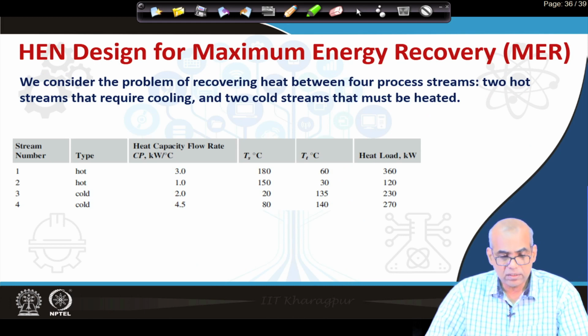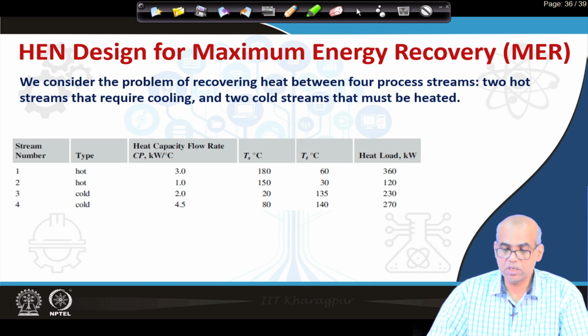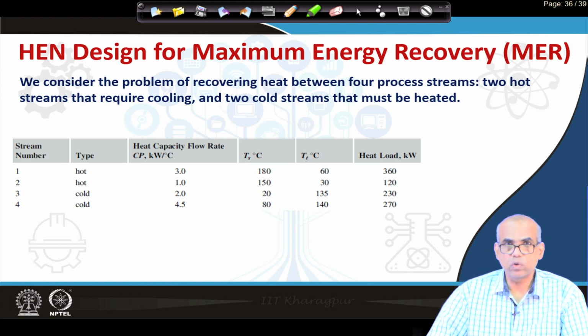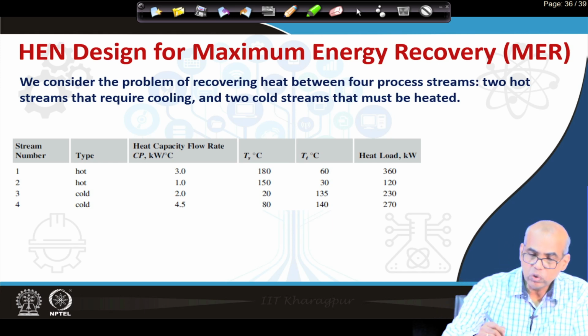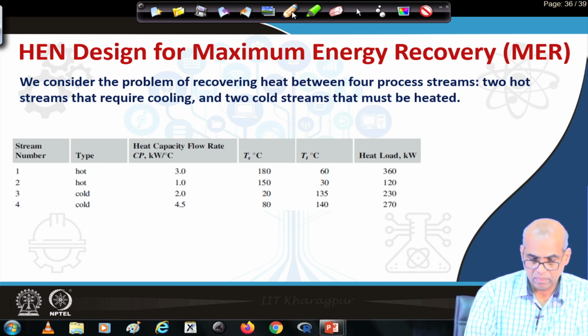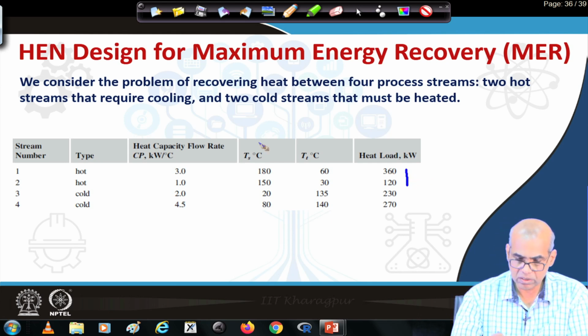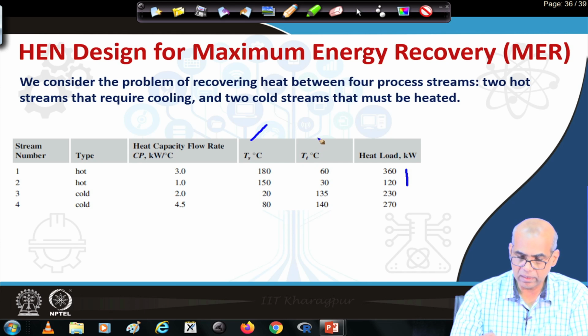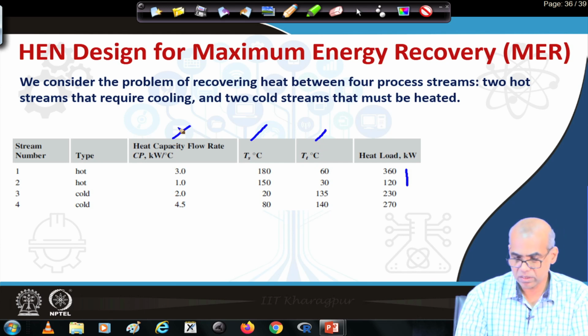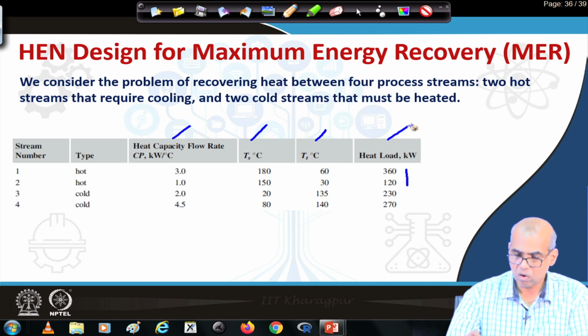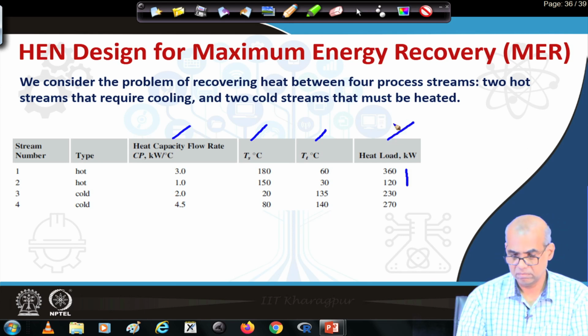So, let us consider the problem of recovering heat between 4 process streams, where there are 2 hot streams and 2 cold streams. So, all the target temperatures and the supply temperatures, the heat capacity flow rates, heat loads, all are given.